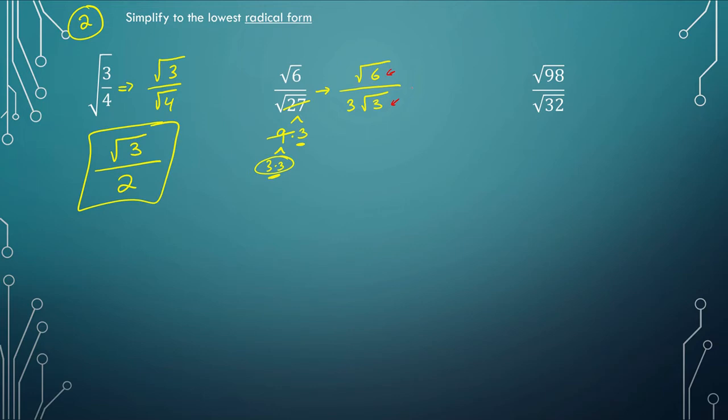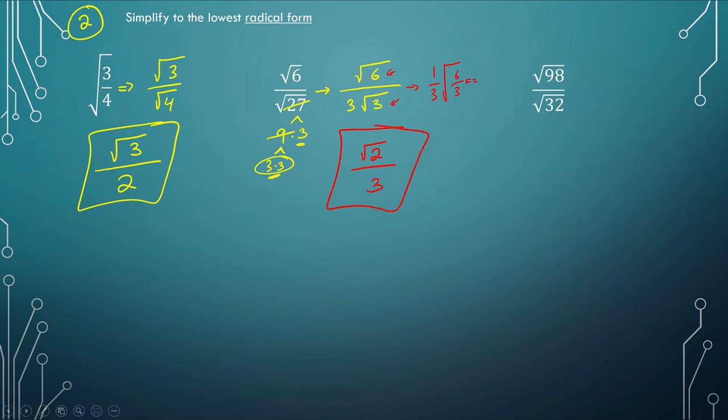So that would look like 1/3 times the square root of 6 over 3, and that simplifies down to 2. Again, we could have kept it as is, but it's inside the square root, so it's going to stay inside the square root. So this simplifies down to the square root of 2 over 3.